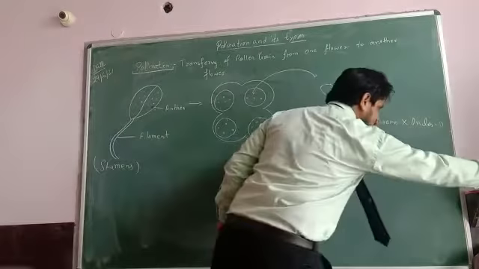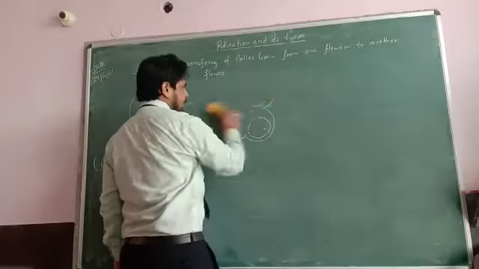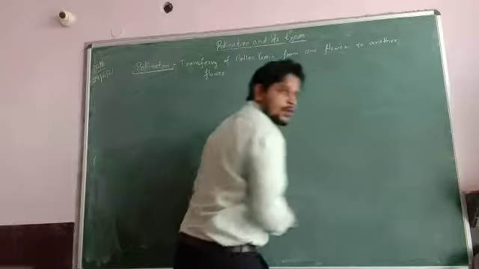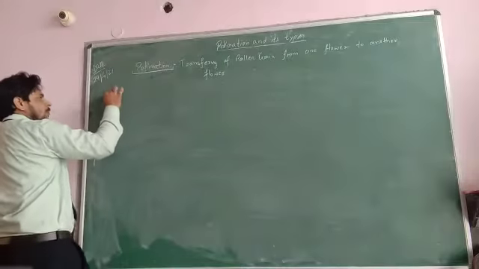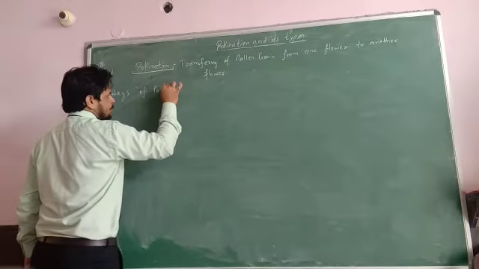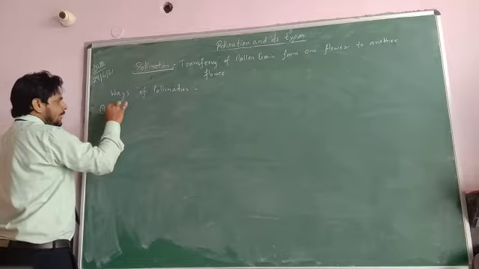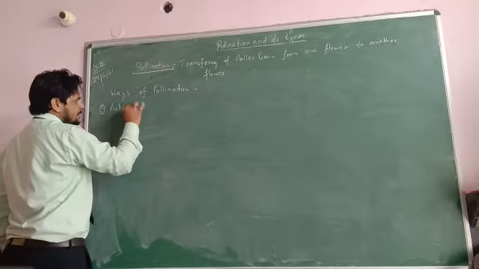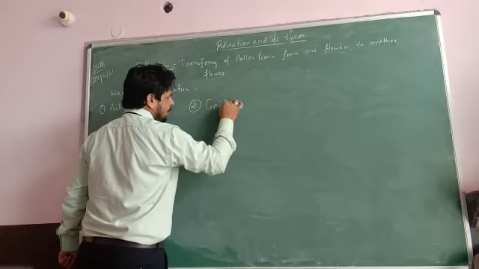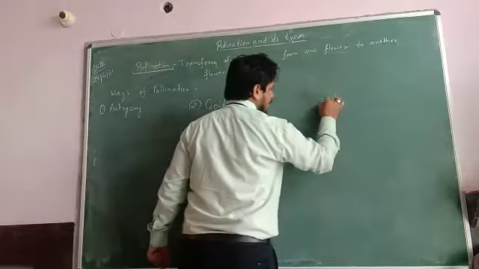Now, how does pollination occur, or what are the ways of pollination? There are three ways of pollination. The first one is autogamy, the second one is zygnogamy, and the third one is allogamy.